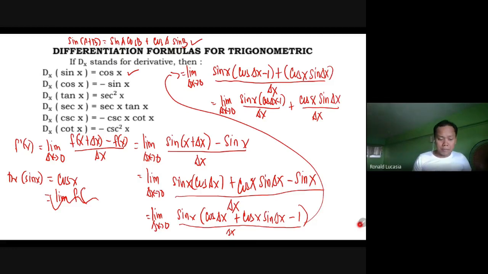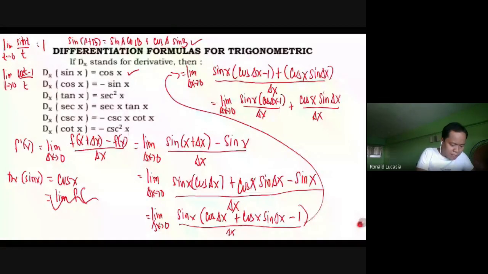Do you remember our lesson about trigonometric functions? When we have the limit of sine t over t as t approaches 0, the limit is 1. When we have the limit of cosine t, cos t not cotangent, cosine t minus 1 over t as t approaches 0, the limit is 0.